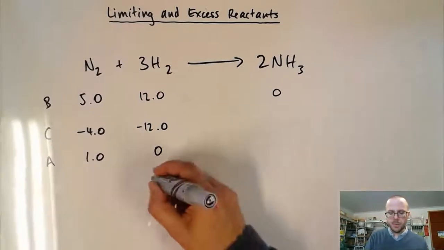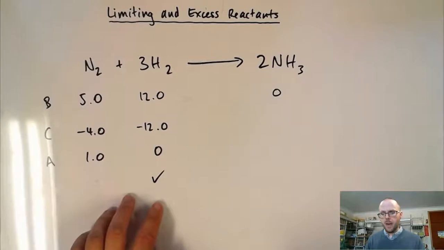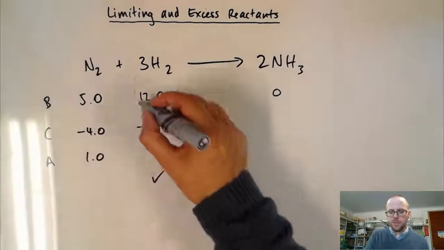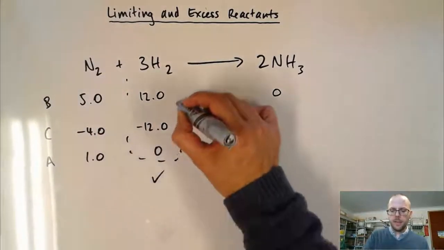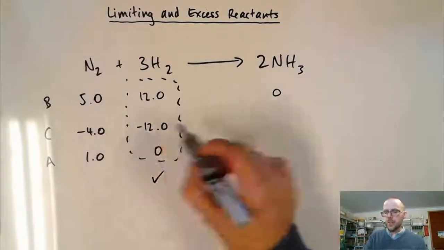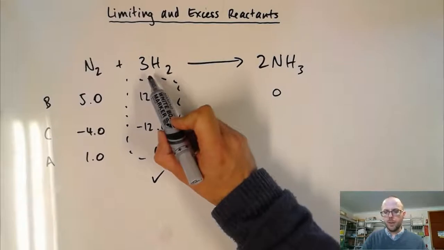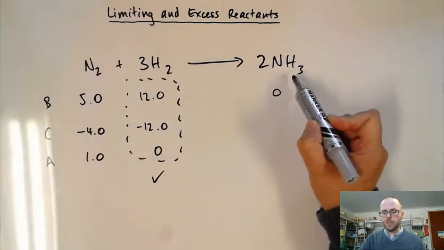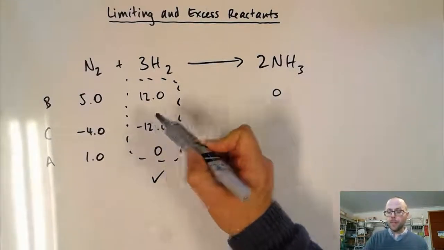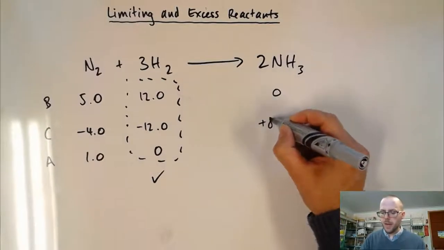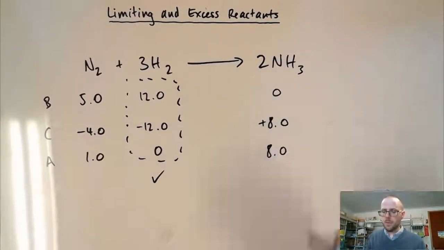So this one is correct. And what that now means is that I look to this substance, the limiting substance, only to decide how much product I make. So for every 3 moles of this that react, I produce 2 moles of this. 12 moles of this that react, I'm going to produce 8 moles of ammonia product.